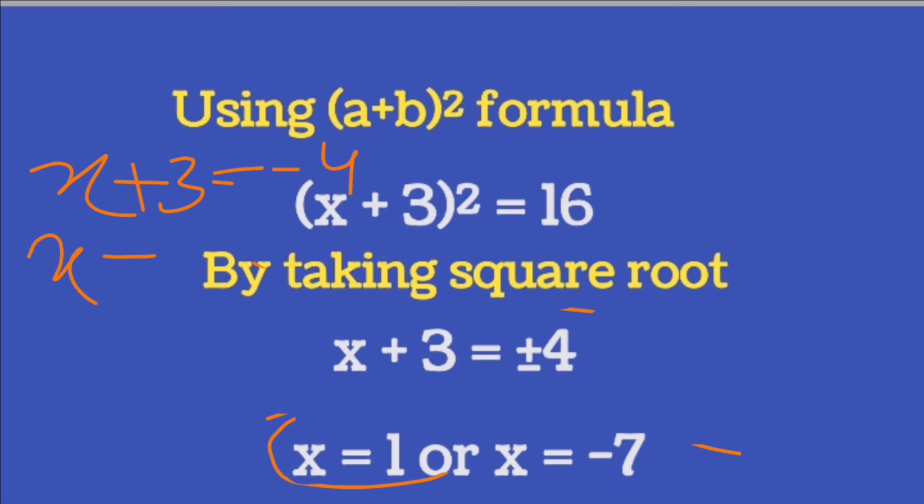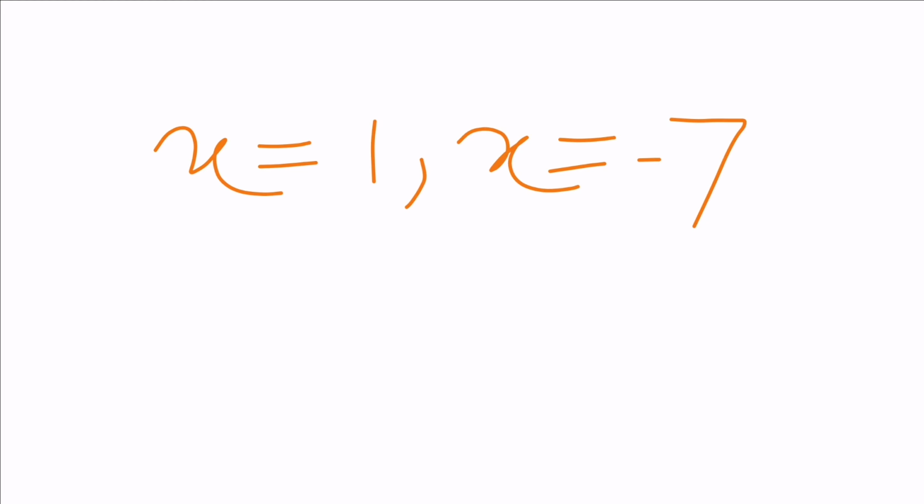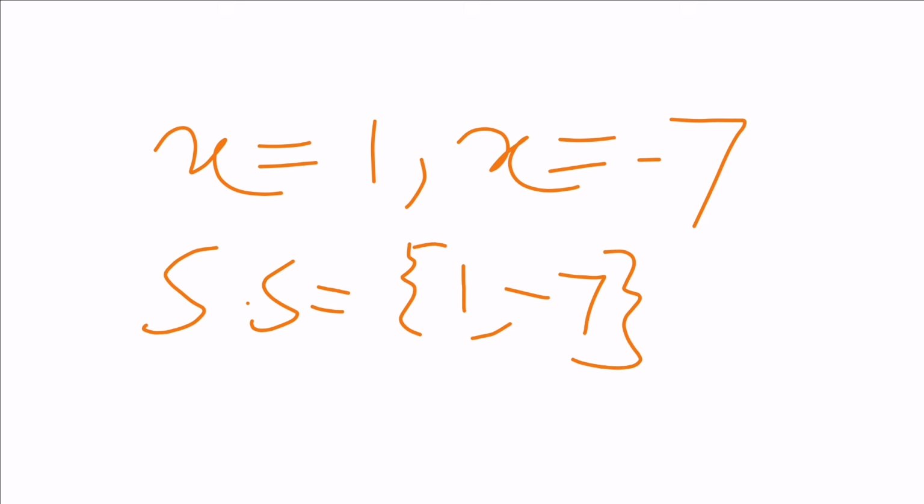So x is equal to minus 4 minus 3, because we shift 3 from left hand side to right hand side. x is equal to minus 7. So there are two solutions. One is x is equal to 1, and another solution is x is equal to minus 7. So the solution set becomes 1 and minus 7.